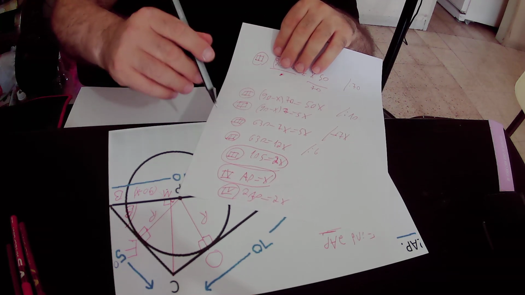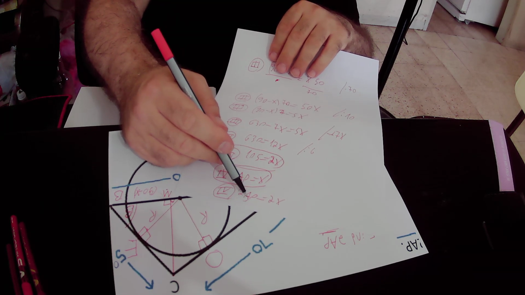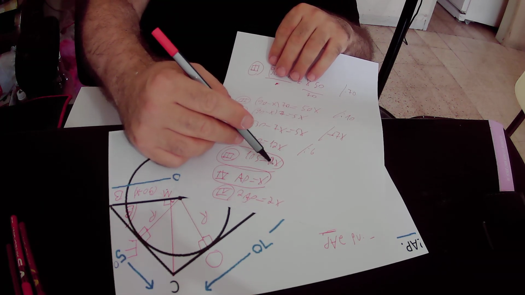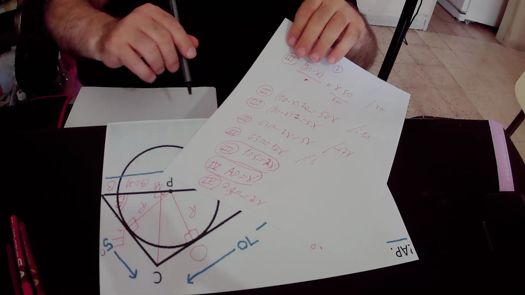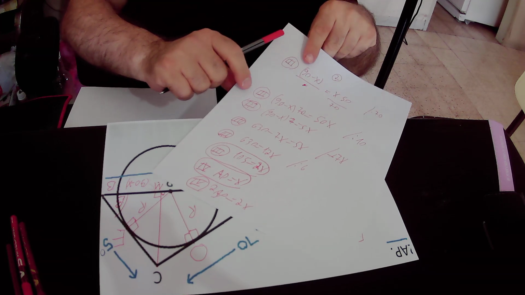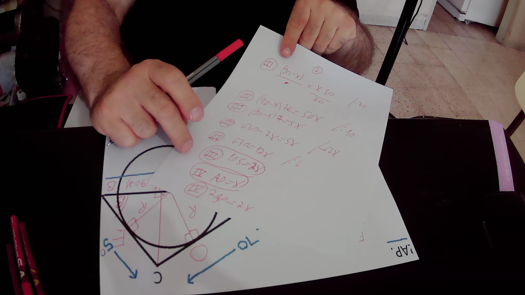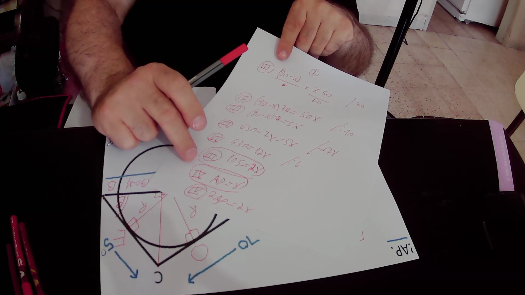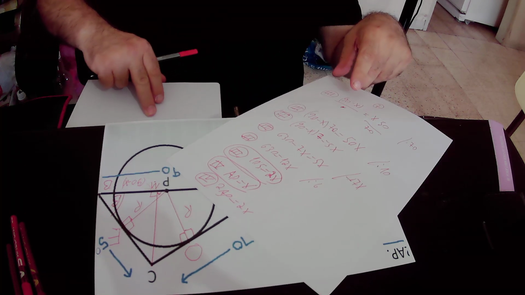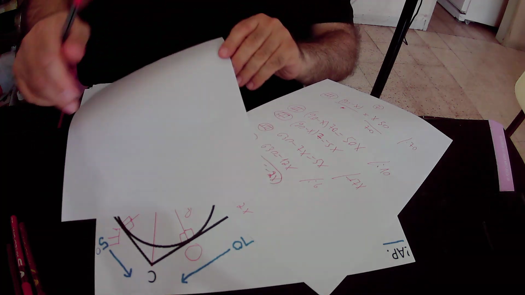Now, we know that 2x equals 2 times AP, and also 2x equals 105. So we can create the fifth equation that combines equations 3 and 4 together.